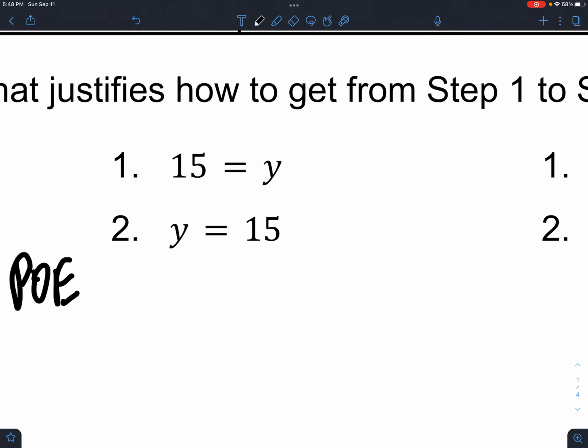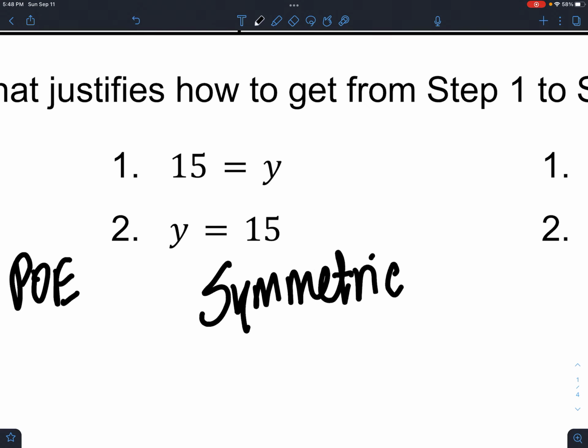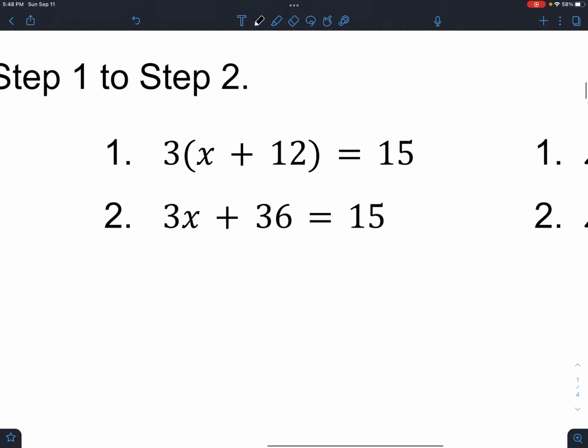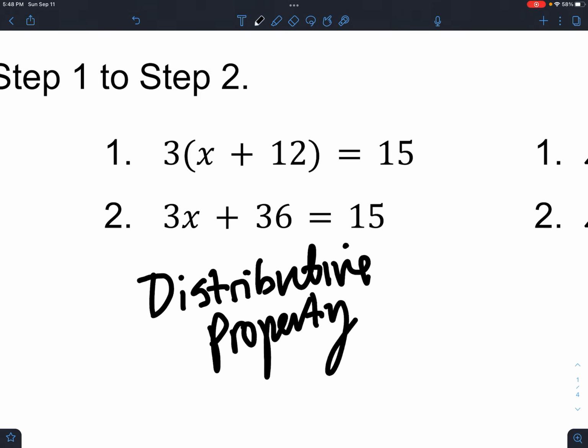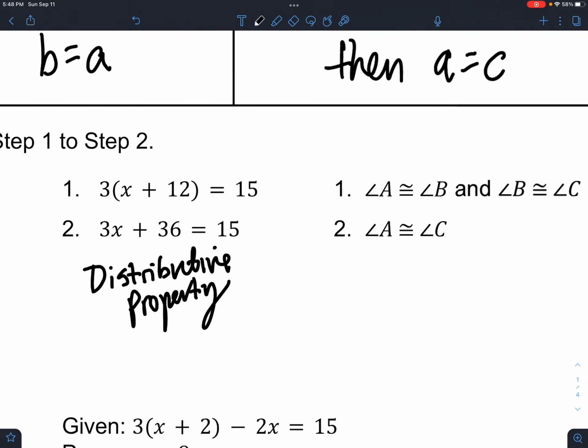This one is, what do you think? How about symmetric? If A is B, then B is A. Distributive property. We know that one. We know what that looks like. When the parentheses go away and you've multiplied the 3 in. Okay?